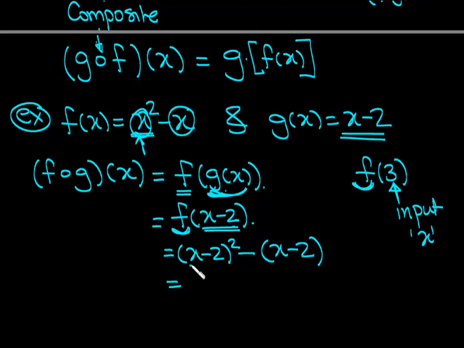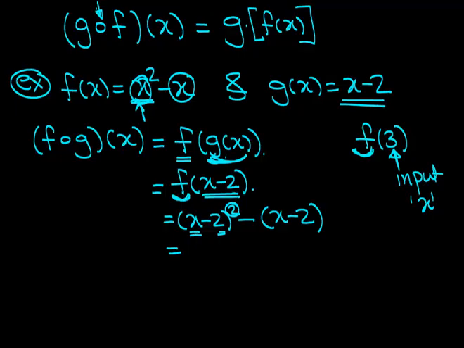Now this is a binomial squared. We know how to do that, right? We had a formula for that. If you've forgotten, you can take x minus 2 squared, multiply the base twice, x minus 2 times x minus 2, and FOIL. Or you can use the formula I showed you. You square the first, then multiply the first and the second: x times 2 is 2x, multiplied by negative 2 because there's a negative in the middle, so you get negative 4x, and then you square the second, which gives 4.